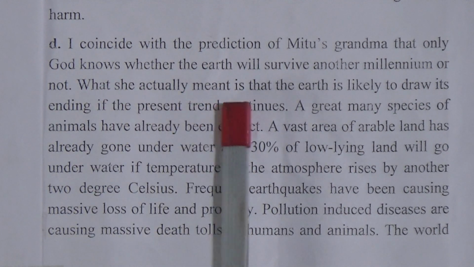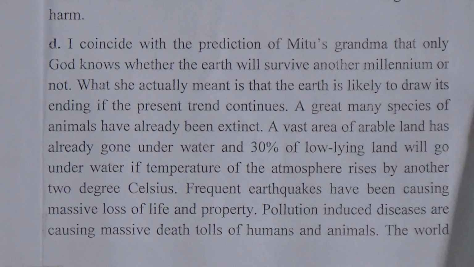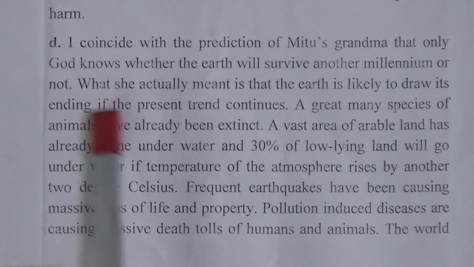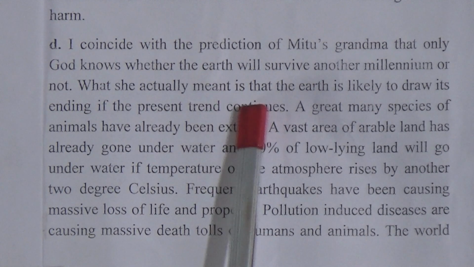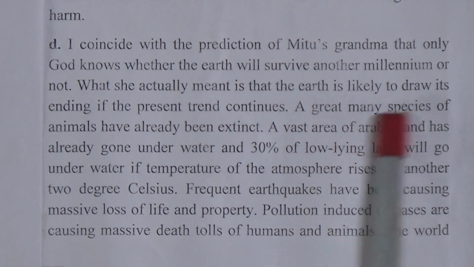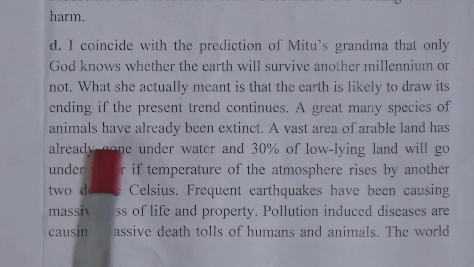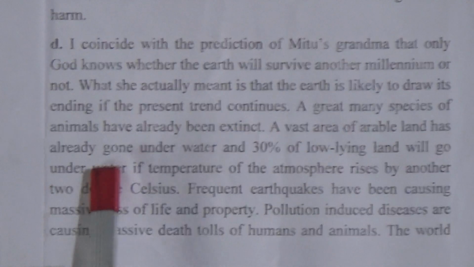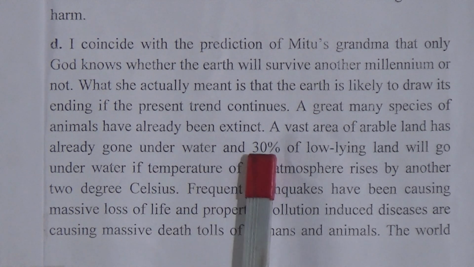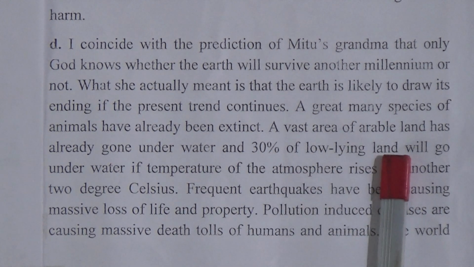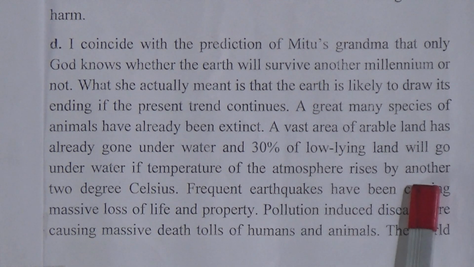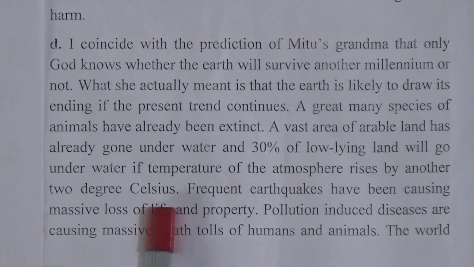What she actually means is that the earth is likely to draw to its ending if the present trend continues. If the present trend continues, then earth cannot survive anymore. A great many species of animals have already become extinct. A vast area of arable land has already gone underwater. 30% of low-lying land will go underwater if the temperature of the atmosphere rises by another 2 degrees Celsius.